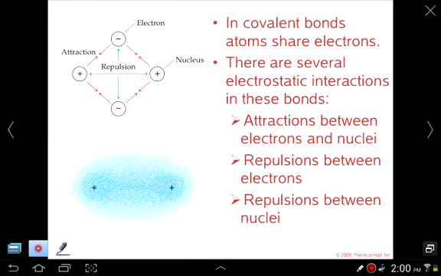So if you analyze it a little more closely, the electrons around the outside are attracted to both nuclei now. So there is an attraction between the nucleus and the electron. Notice there's 1, 2, 3, 4 attractive forces here. There's a repulsion between the two nuclei. That's why the two nuclei, as you see here, will kind of spread out, and they'll try to minimize how close they come together.